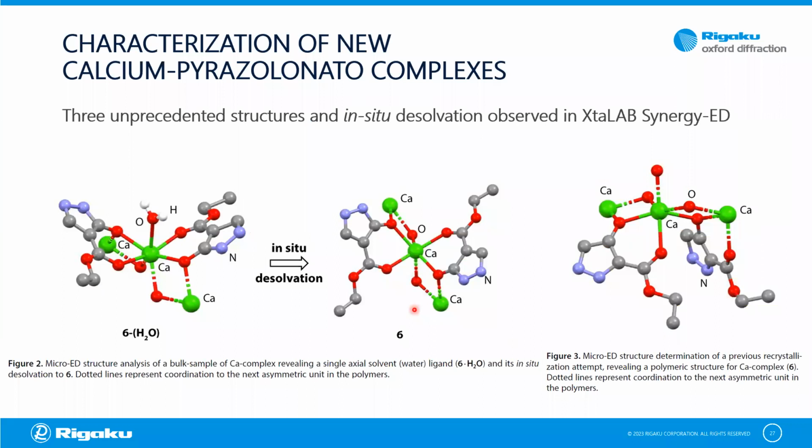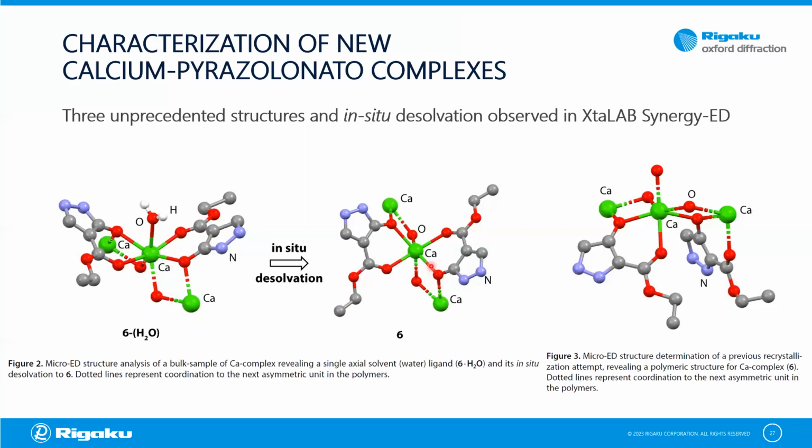What we were able to observe during this experiment was that the first few crystals contained some water coordinated to the calcium, and then later in the progress of measurement, for the last couple of crystallites, this solvent was gone.